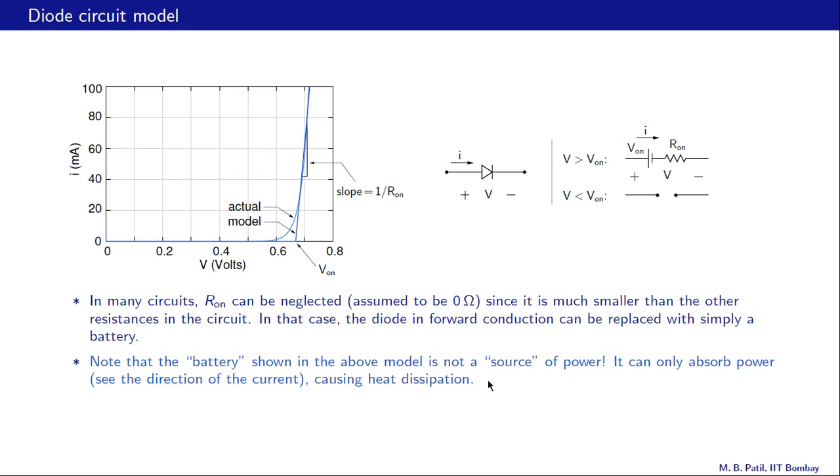On the other hand, if we are talking about a power electronic circuit with voltages of hundreds of volts, then this 0.7 volts may be too small, and if we replace that with 0, it really will not cause any loss of accuracy.